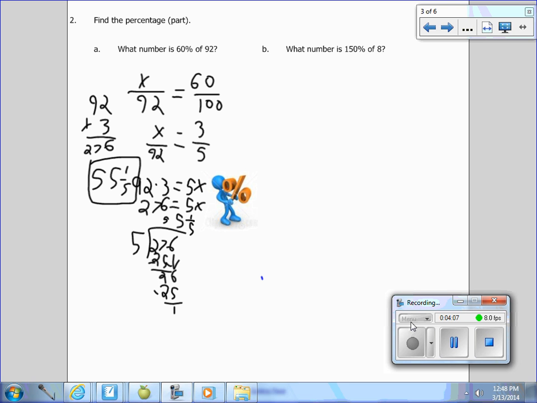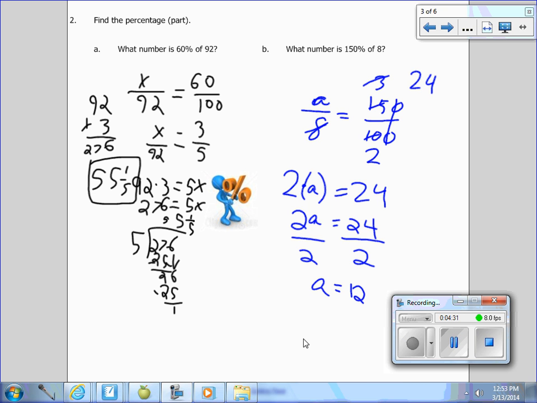You're trying to determine what is 60% of 92, so 92 would be your base, the whole amount. Since we cannot solve it using mental math, we first see if we can reduce it, and we did. 60 over 100 reduces to 3 over 5. Then we did the cross products, and our final answer would be 55 and 1/5.